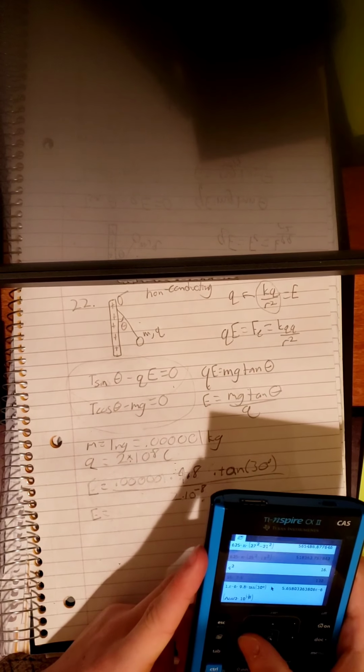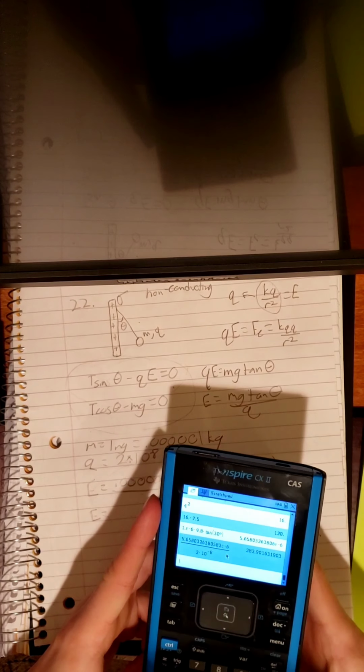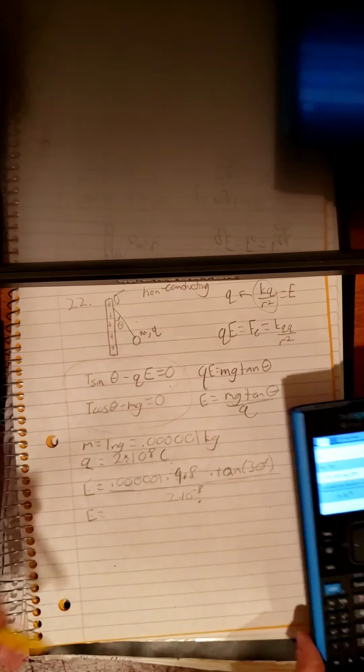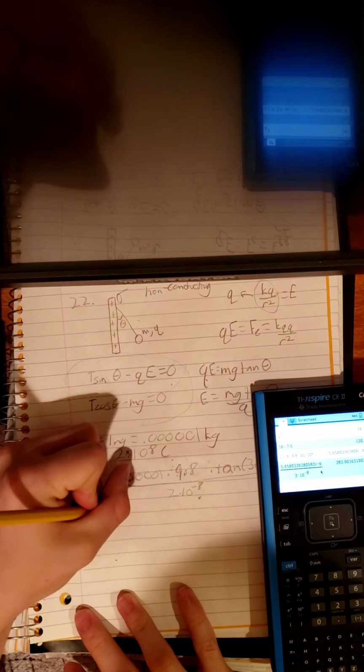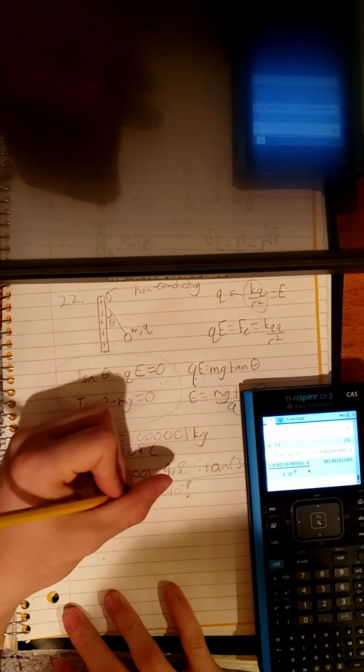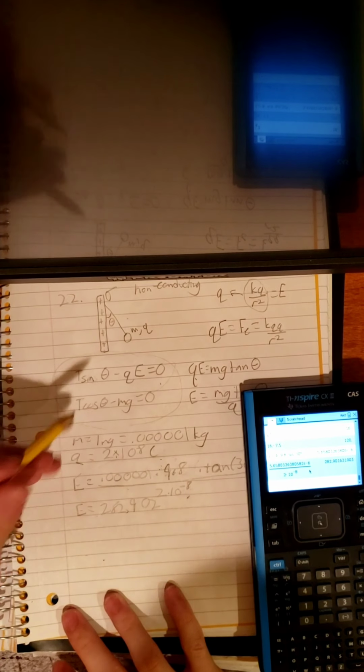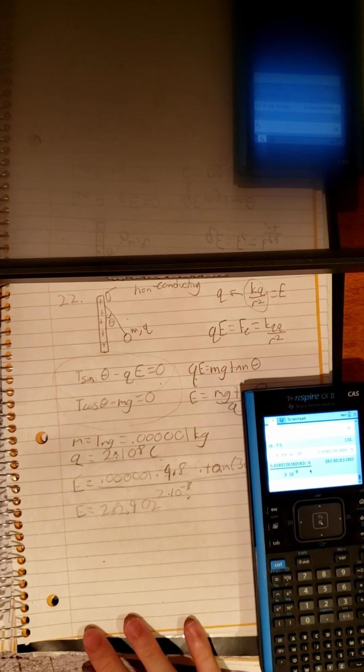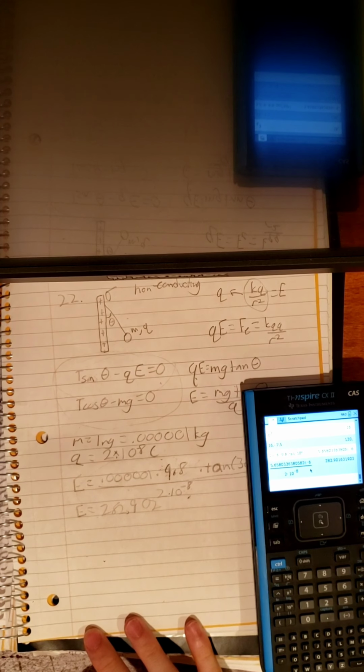Remember to put that in parentheses, otherwise it'll come out wrong. And we get the electric field is equal to 282.902. Now we can use the electric field to find sigma.